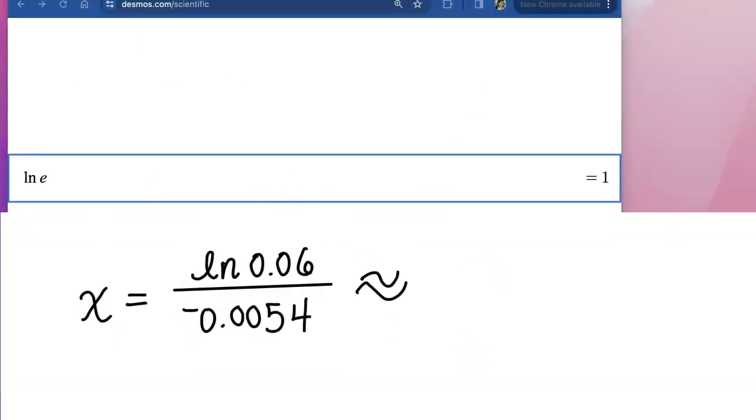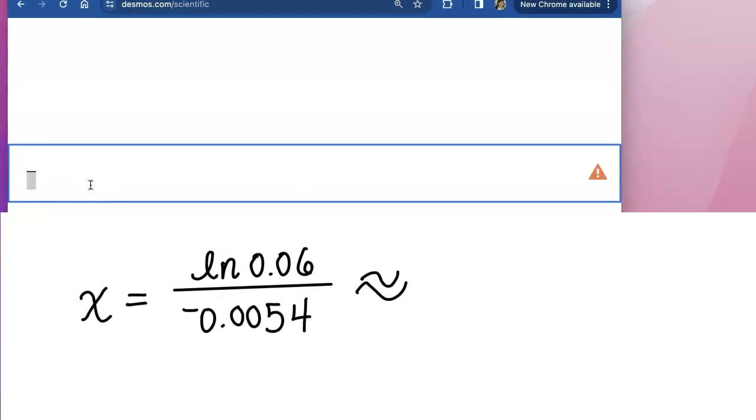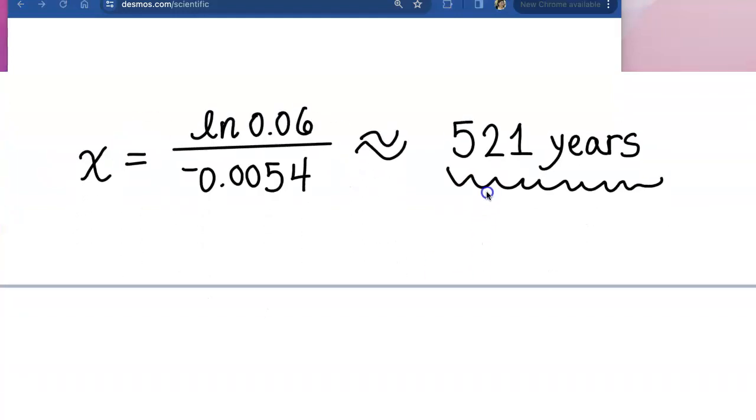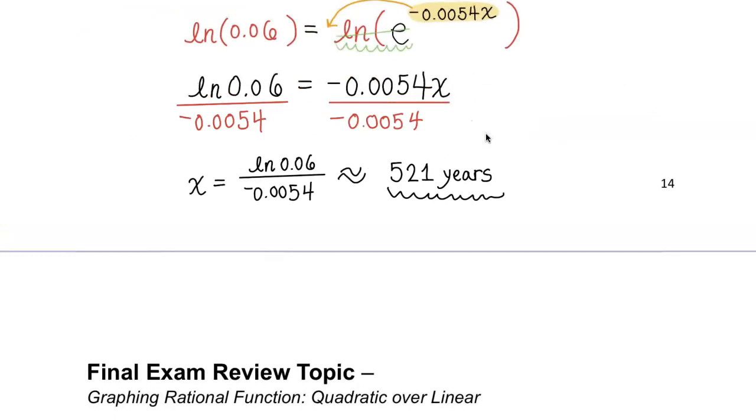I'm doing a fraction that has natural log of 0.06, and in the denominator, let's carefully type in negative 0.0054. Ooh, it's going to take how many years? 521 years for this radioactive substance to become only 60 pounds if it had originally 1,000 pounds to begin with.